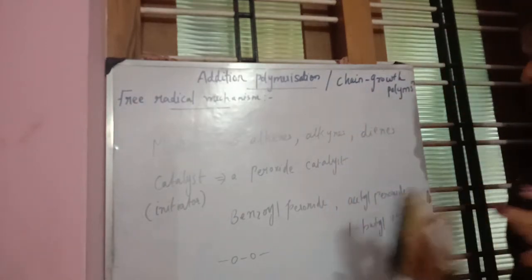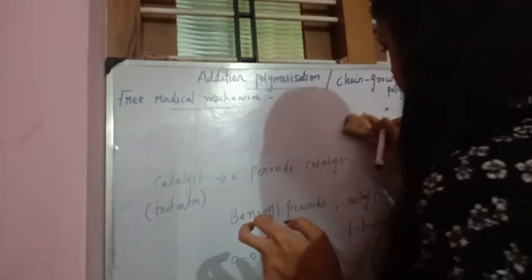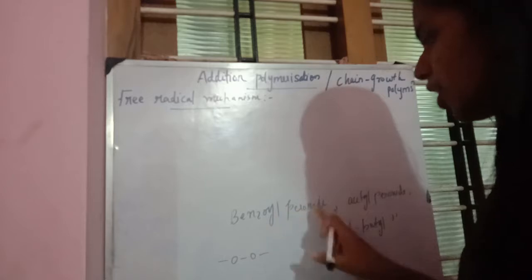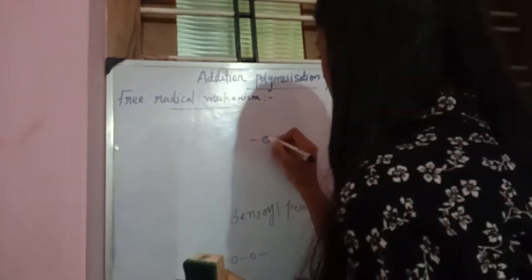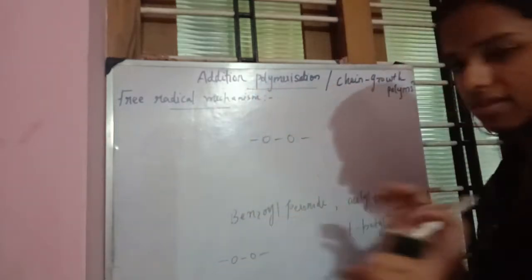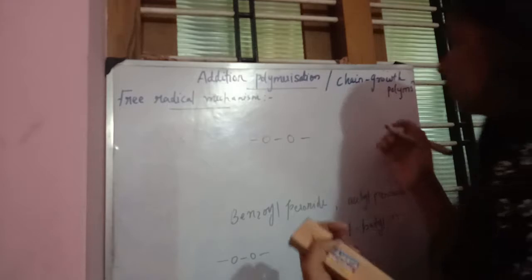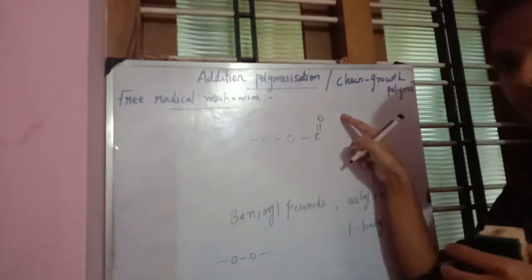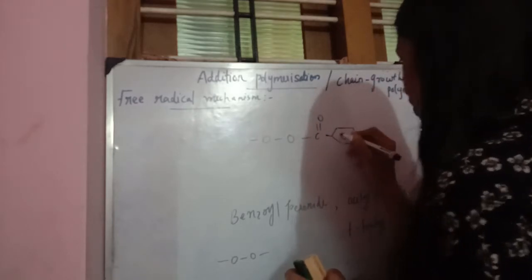Okay, and if I talk about the structure of benzoyl peroxide, see, benzoyl peroxide means without any doubt you can put an O-O bond like this. Benzoyl peroxide means the benzoyl group should be present, and benzoyl means C double bond O, with a phenyl group, right?